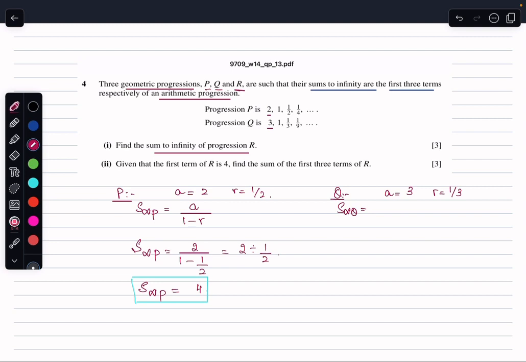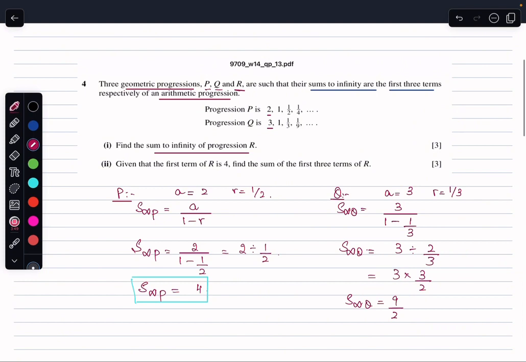So substituting the values for a, which is 3, and the common ratio, 1 minus 1 by 3, the sum to infinity for Q will be equal to 3 divided by 2 by 3, or I can say it's 3 into 3 by 2, which shall be equal to 9 by 2 here.